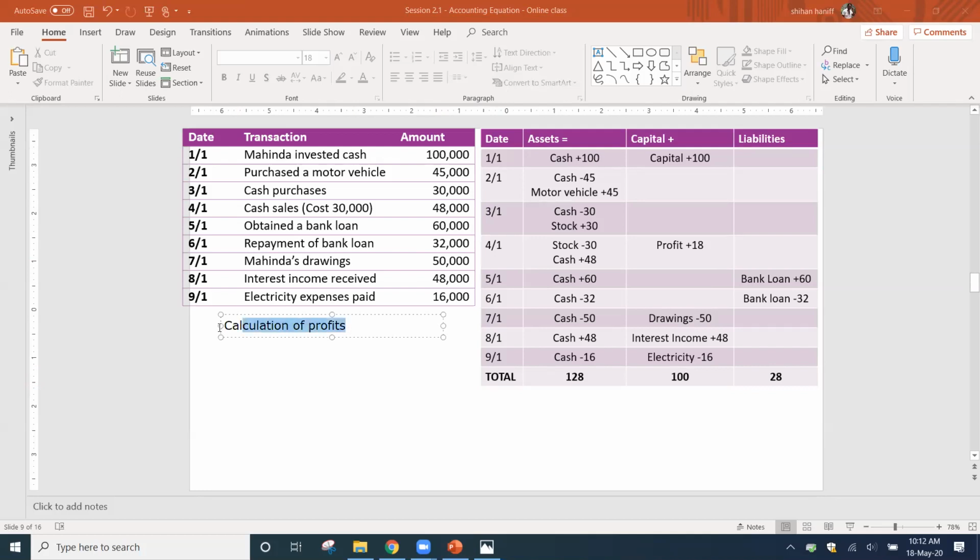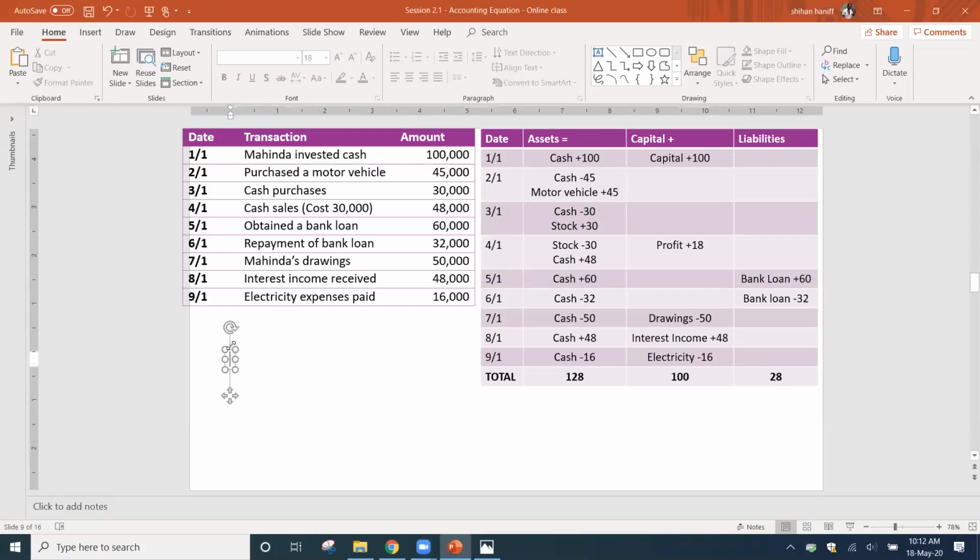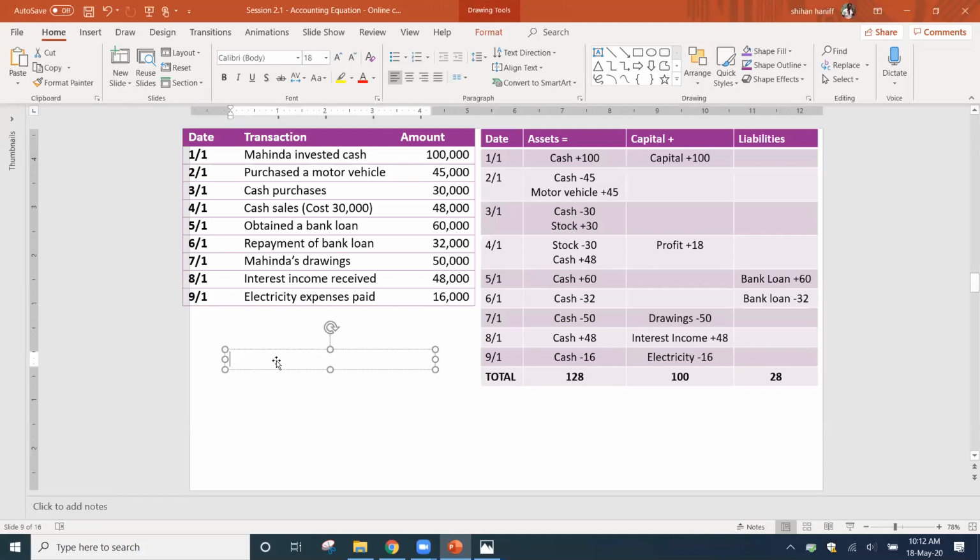Another important part. Can you all tell me the profit?